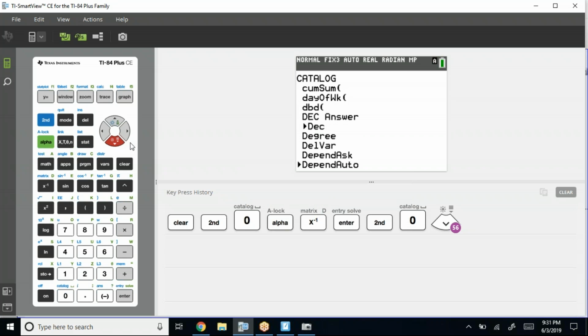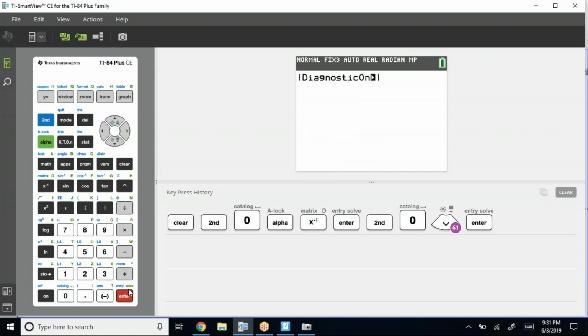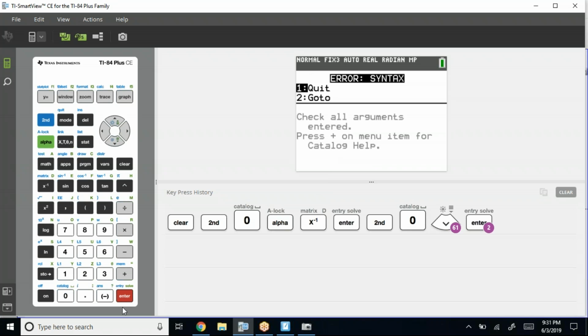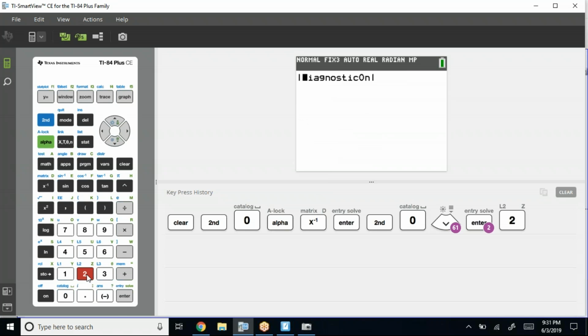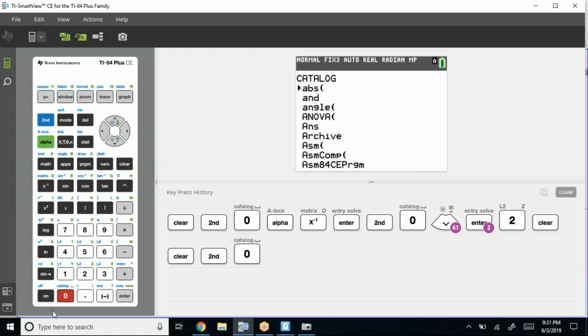So I went second 0, which is catalog. So you want diagnostic on, hit enter. Oh, I had an absolute value in that. I don't want that, so that burned it. Now I got to go all the way back through.